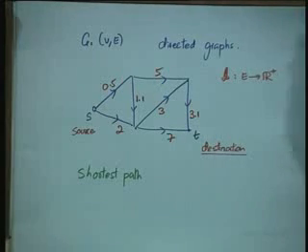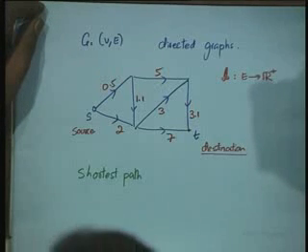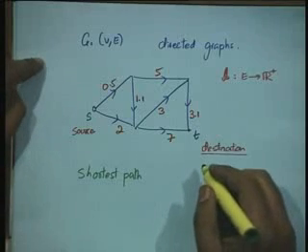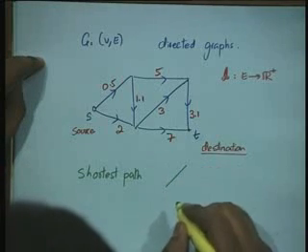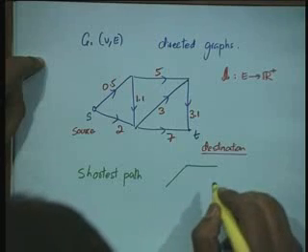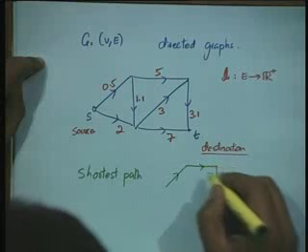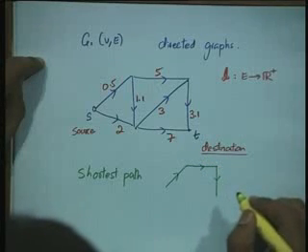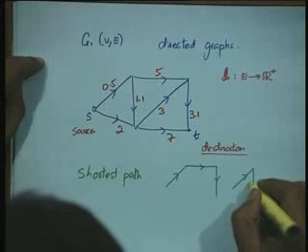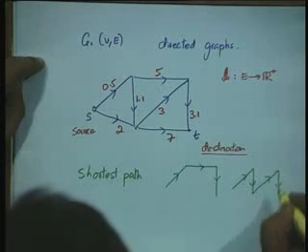How many different paths are there in this graph between S and T? 4 only. So, there is one path: I go like this, then I go like this, and then I come back here. That is one path. The other path is I go like this, I come down, then I go like this, and then I come down.